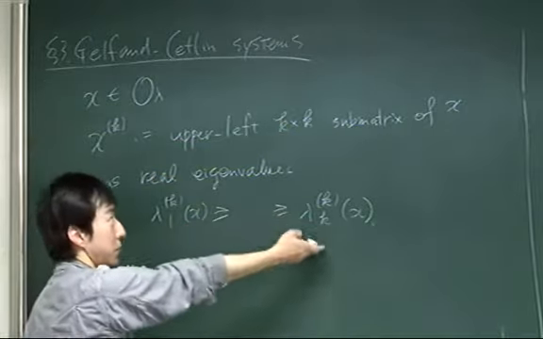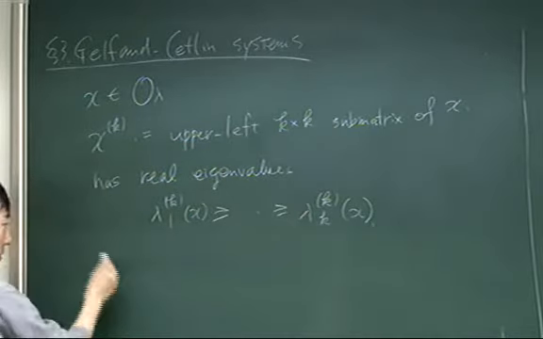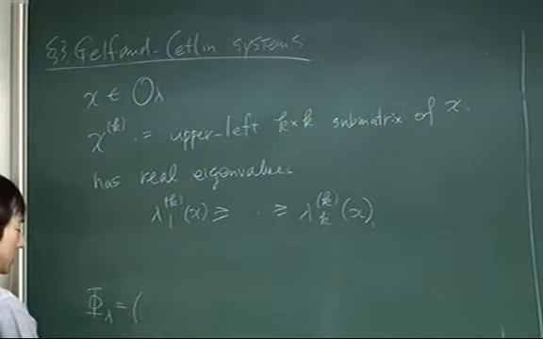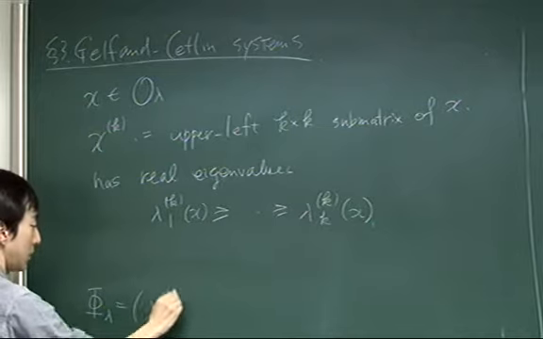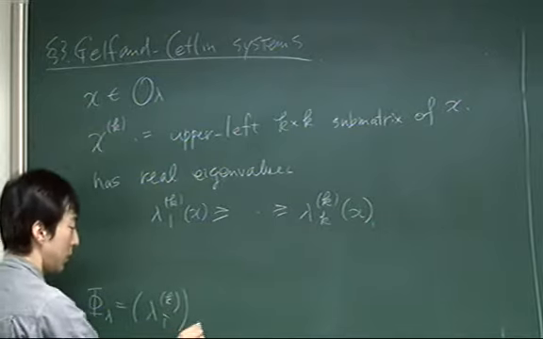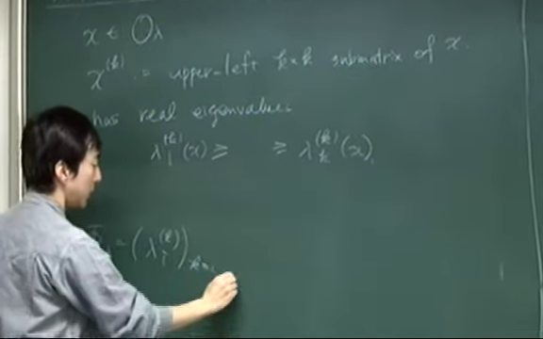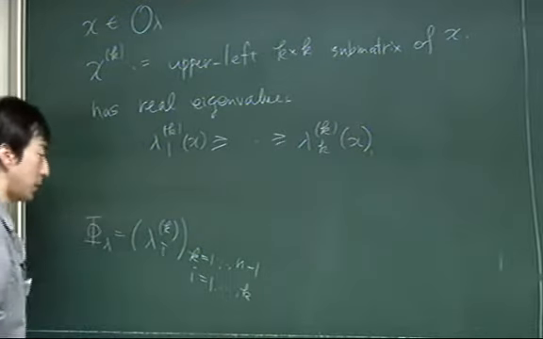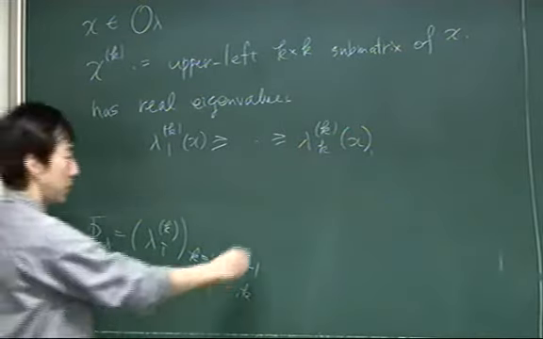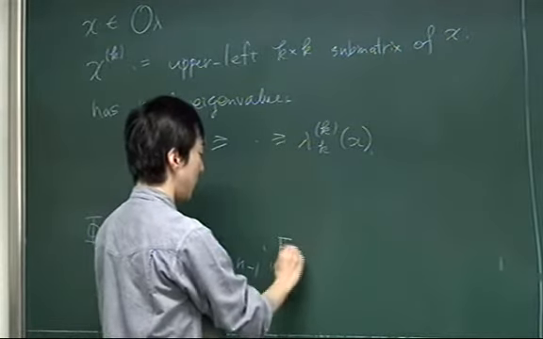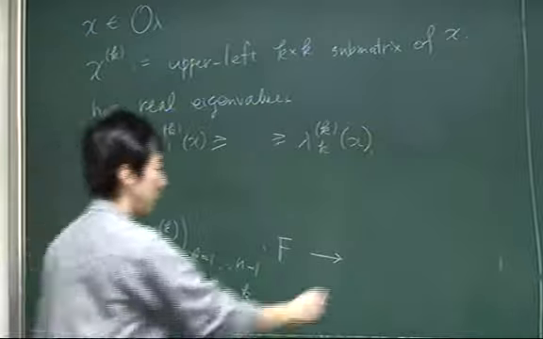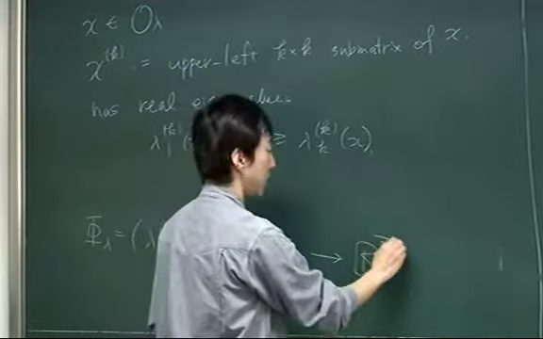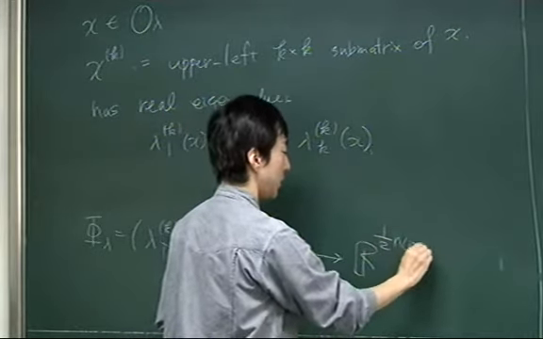Then we have a set of functions lambda_{k,i}, where k is from 1 to n minus 1 and i is from 1 to k. The number of these functions is exactly the complex dimension of the flag manifold.